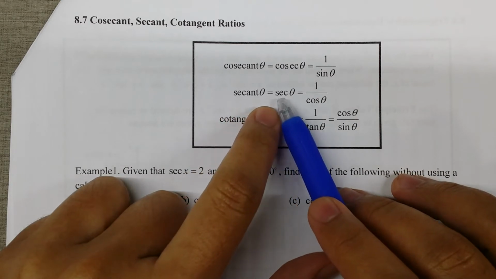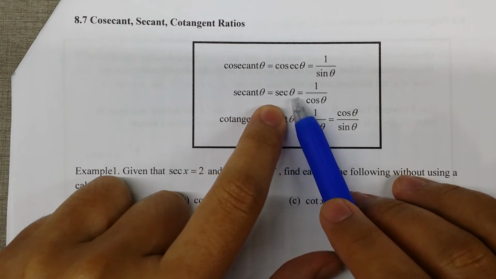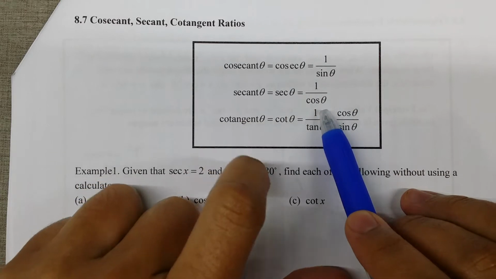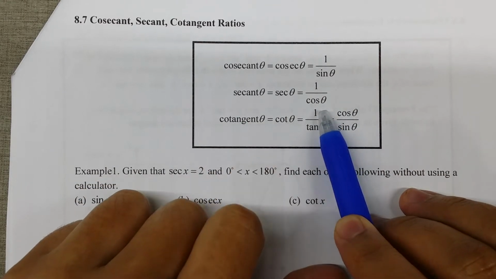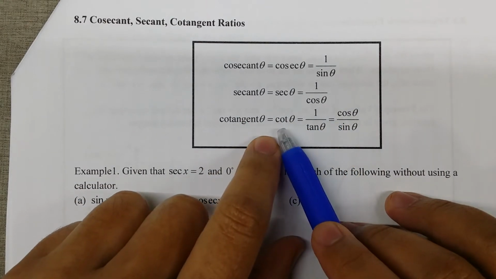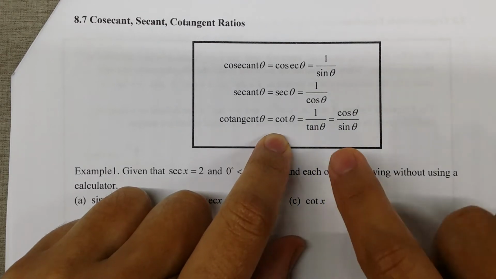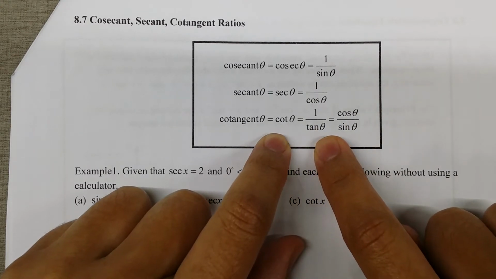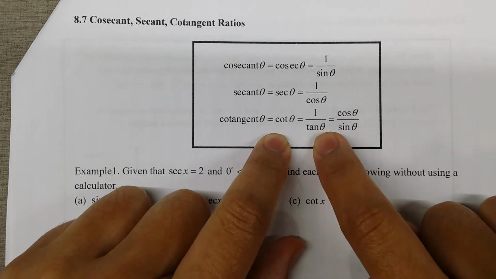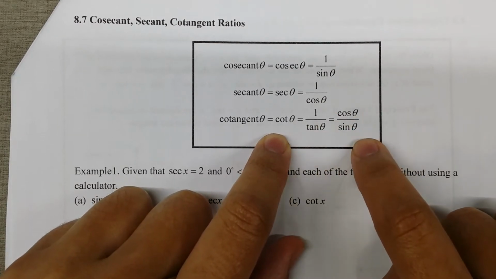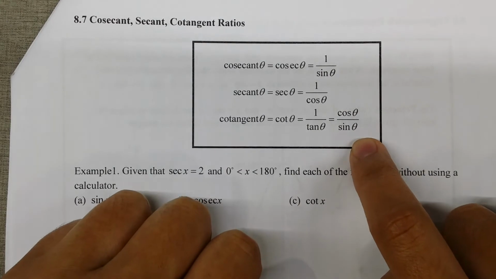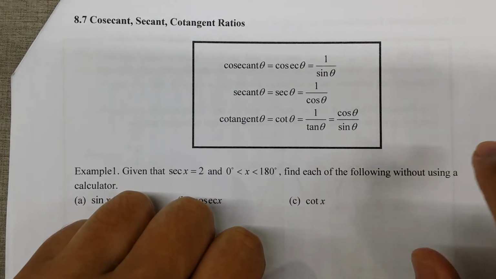Secant theta, sec theta, equals 1 over cosine theta. Cotangent theta, cot theta, equals 1 over tangent theta. And since tangent theta is sine over cosine, 1 over tangent theta will be cosine over sine. Okay? So these are the relationships.